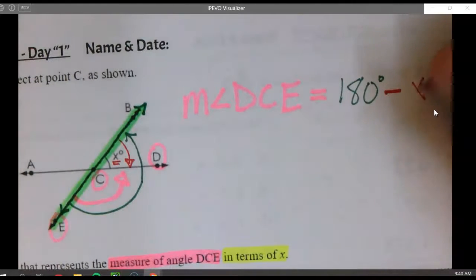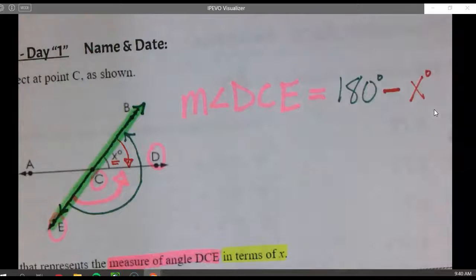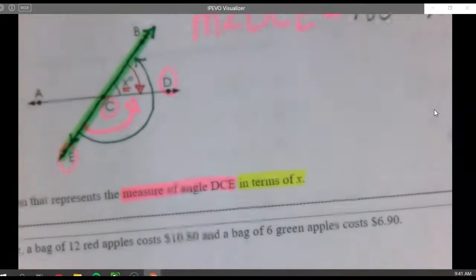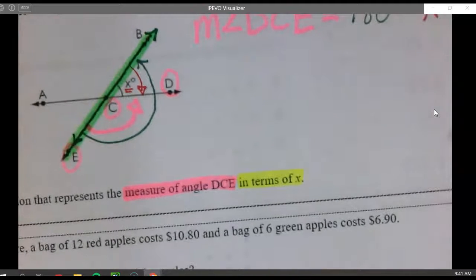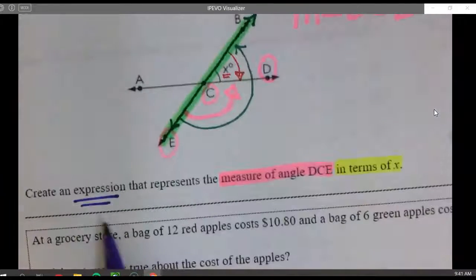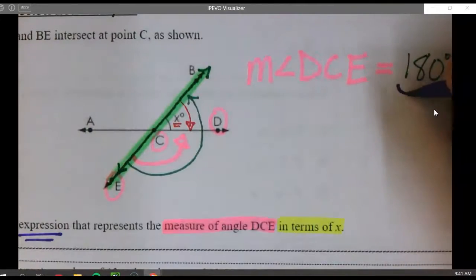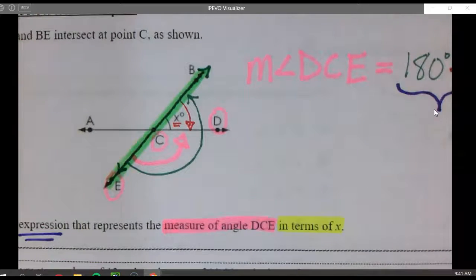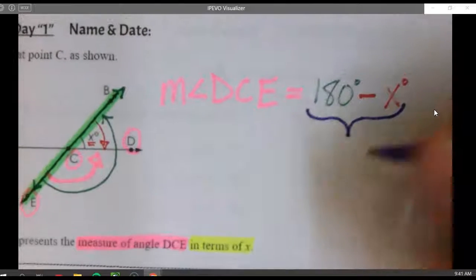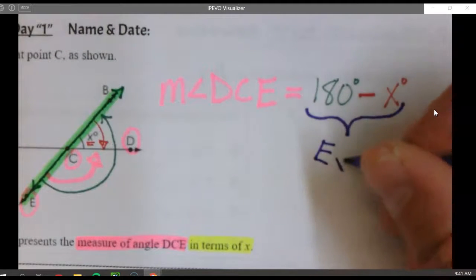Yeah, we subtract X degrees. Now here's the thing. They ask us for an expression, meaning we're only going to write 180 minus X. This would be our expression.